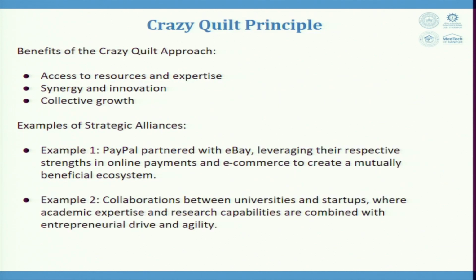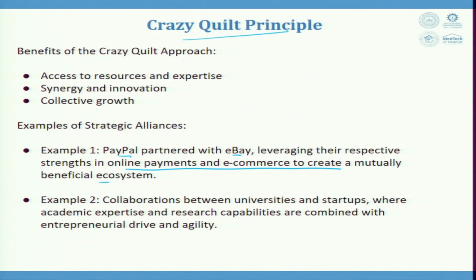So, what are the benefits? Access to resources and expertise, synergy and innovation, collaborative growth. For example, PayPal partnered with eBay, leveraging their respective strengths in online platform and e-commerce to create a mutual benefit ecosystem.